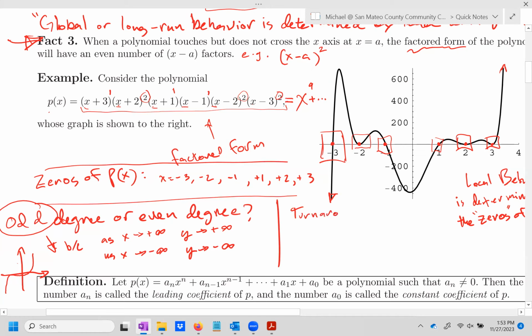Turnaround points. This one is a little less clear, because a function of high degree doesn't have to have n minus 1 turnaround points, it just can't have more than that. But how many turnaround points are there? There's actually 8.